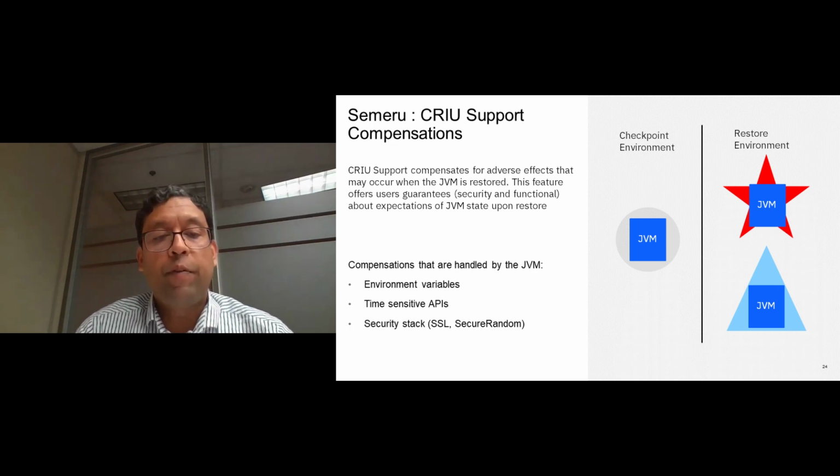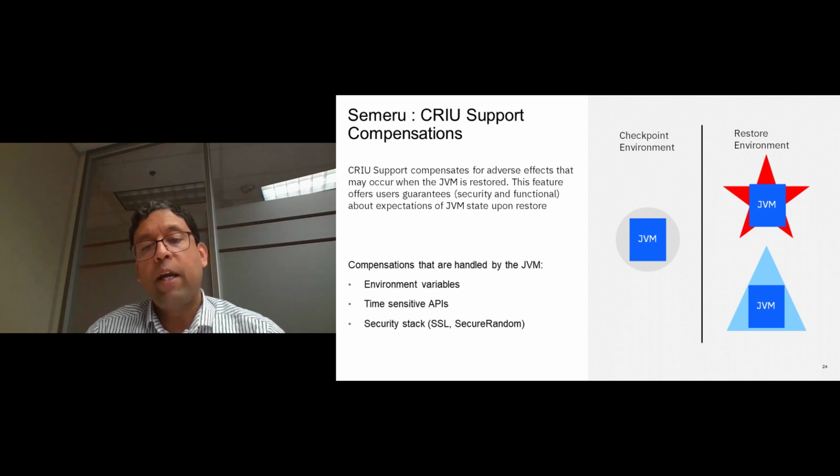So what are some of these issues? Basically, it all boils down to the difference between the environment where the checkpoint was taken versus where the restores will occur. The checkpoint environment could be quite different to the environment where the restores occur. It might have different environment variables. You might be restoring at a very different point in time.